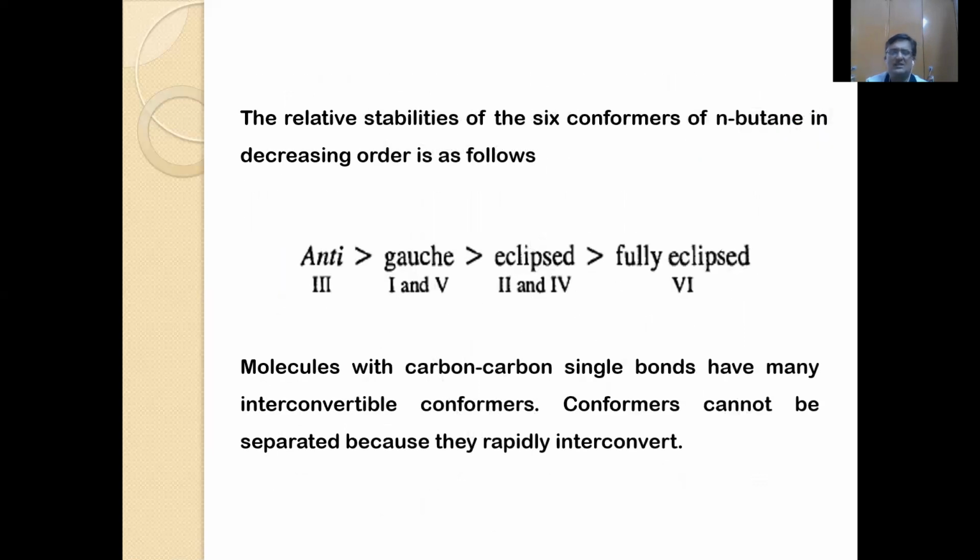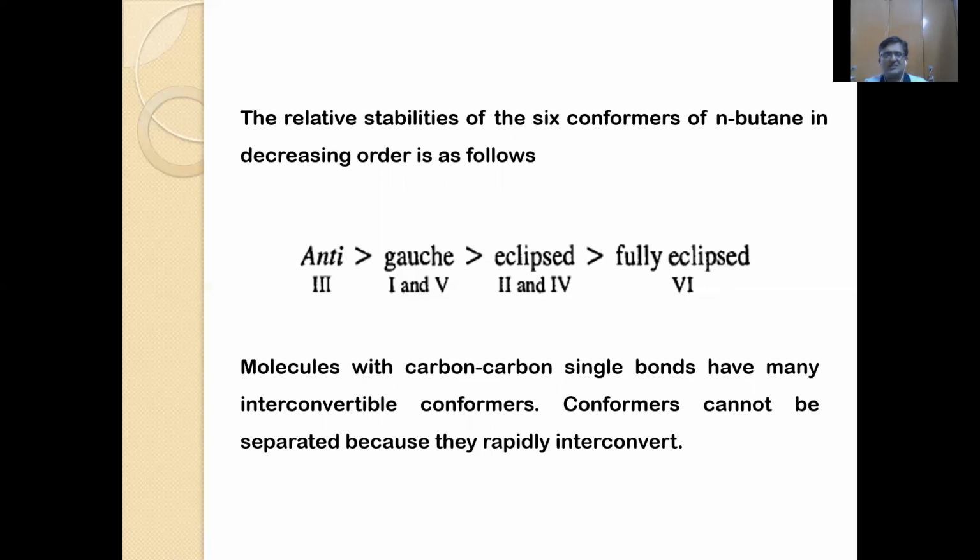When you go through the overall discussion, the larger the steric strain, the lesser the stability. Based on this, butane has 6 important conformers, 3 eclipsed and 3 staggered conformations. Among those, anti is more stable than gauche, than eclipsed and fully eclipsed.